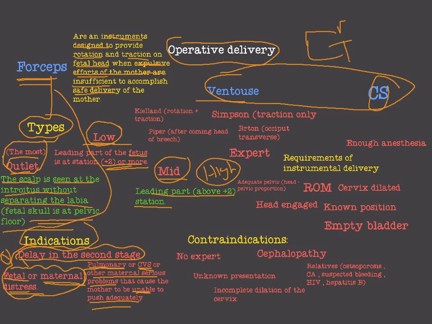This is for a primipara, but for multiparous patients it is more than 1 hour, because they should have less time to accomplish the second stage. So it is more than 1 hour if the patient is unanesthetized, and 2 hours if the patient is anesthetized.